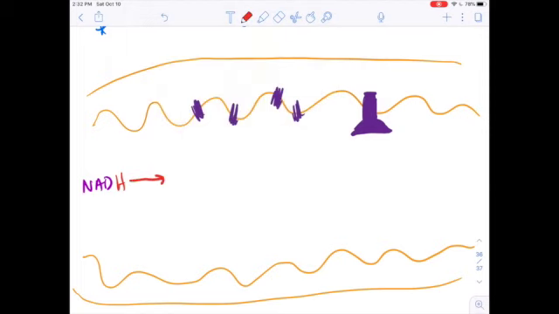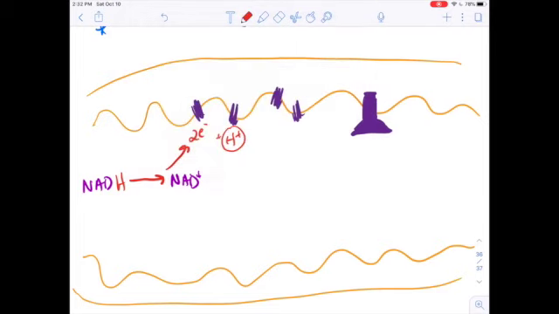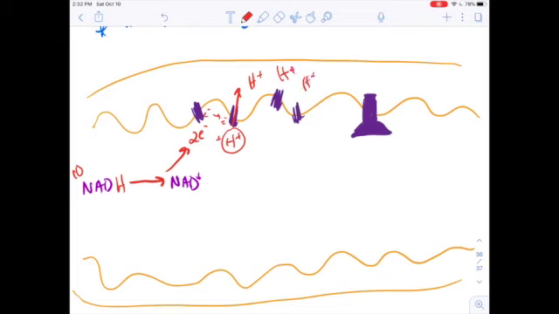It gives up the hydrogen atom in the form of a couple electrons and a proton, and it goes back to being NAD+. The electrons get passed from protein to protein while the protons get pumped across the inner membrane of the mitochondria. We're going to have 10 of these, so times 10. 3, 4, 5, 6, 7, 8, 9, 10.